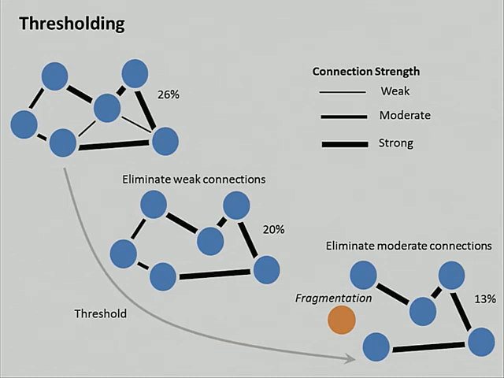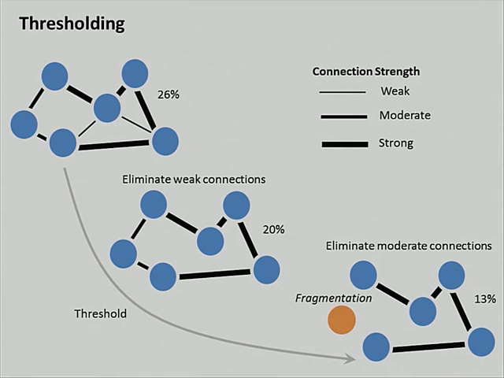So here's a topological view, a toy example of thresholding, where I've defined three types of connections: weak, moderate, and strong, as denoted by the width of the edges. In the unthresholded graph, in the top left corner, all three of those connections are present. In the first thresholding step, we eliminate the weakest connections, and we arrive at a connection density of 20%.